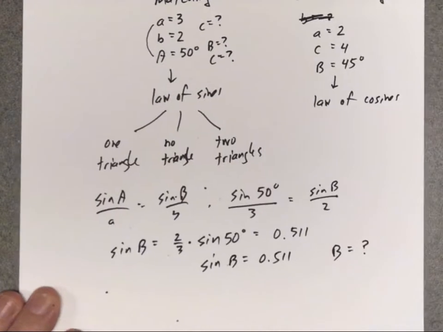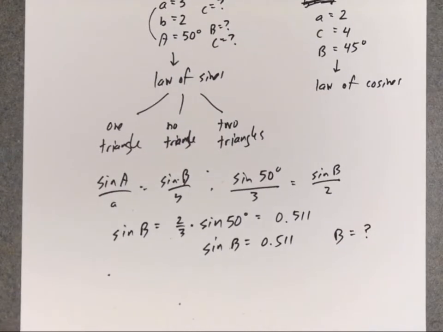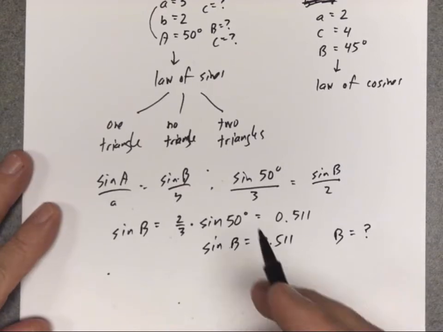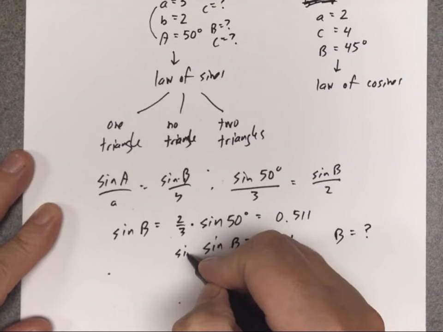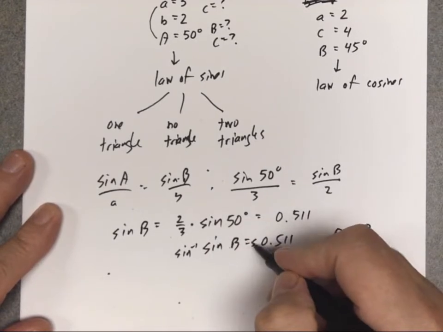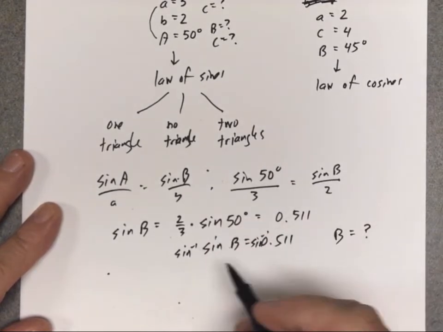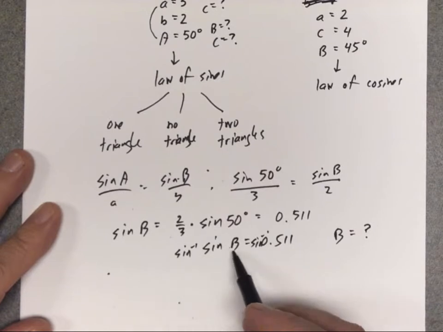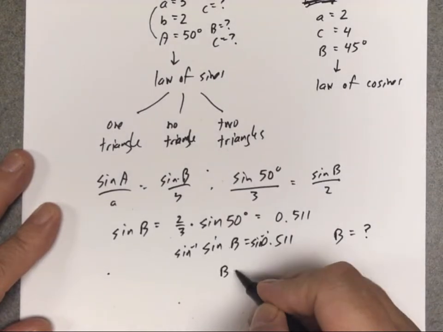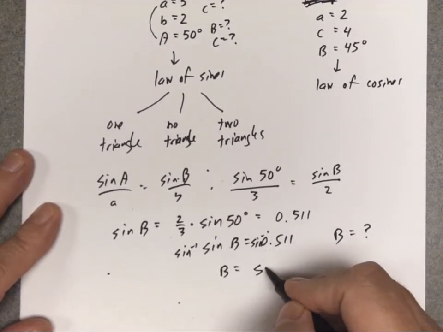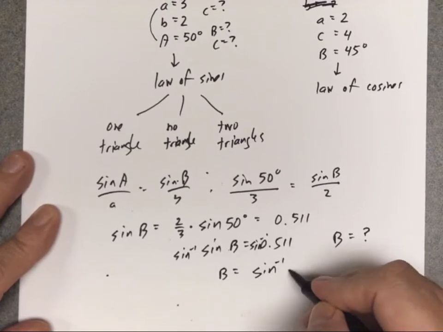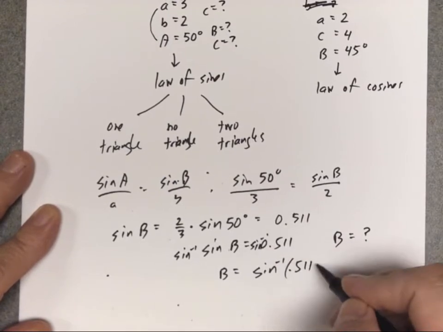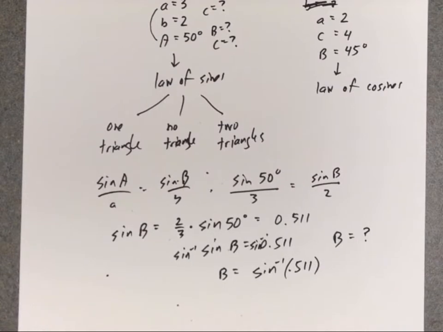But I don't want sine B. I want to know what angle B is. How do I figure that out? This goes back to something we learned a while ago in trig: how about we take the inverse sine of both sides? The inverse sine of the sine just leaves what's inside. So in this case, the angle B is the inverse sine of 0.511.